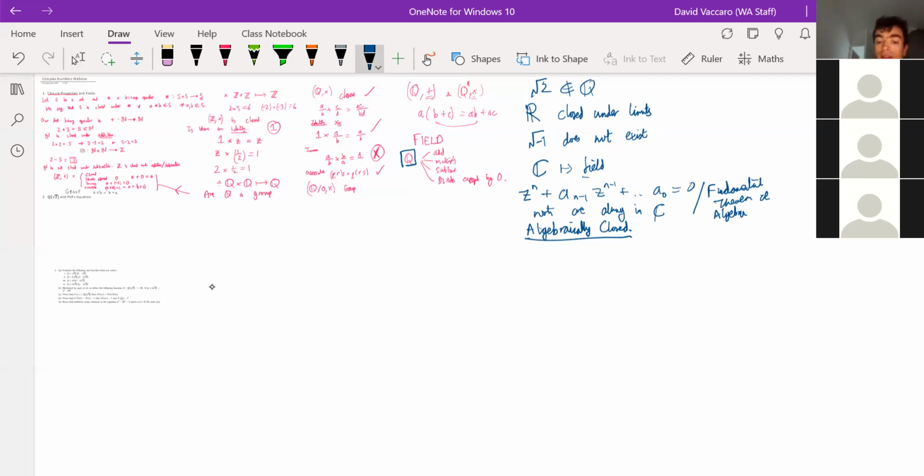It shows that the complex numbers are such that, if we restrict to polynomial operations, we'll never require another set of numbers. So they satisfy us for a large amount of our mathematical lives.